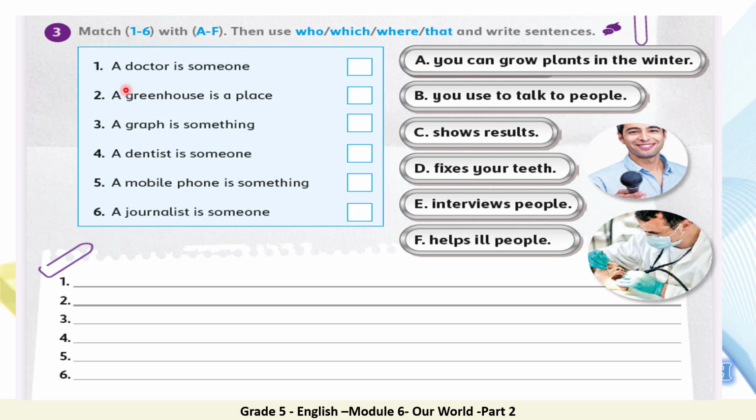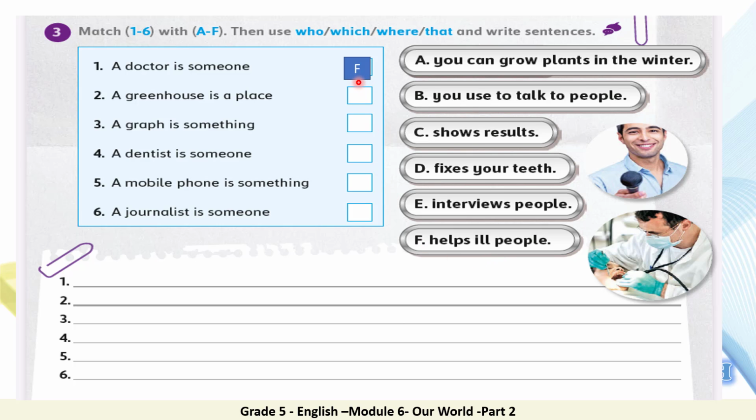Let's do the first one. A doctor is someone. We need to find a completion here that matches with a doctor. Excellent. Helps ill people. Letter F, so we write F here.